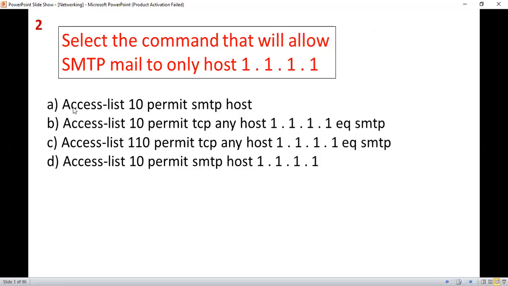You have options like access list 10 permit SMTP host, and access list 10 permit TCP any host 1.1.1.1 EQ SMTP. You have these four options. You need to tell me what the answer for this question will be.